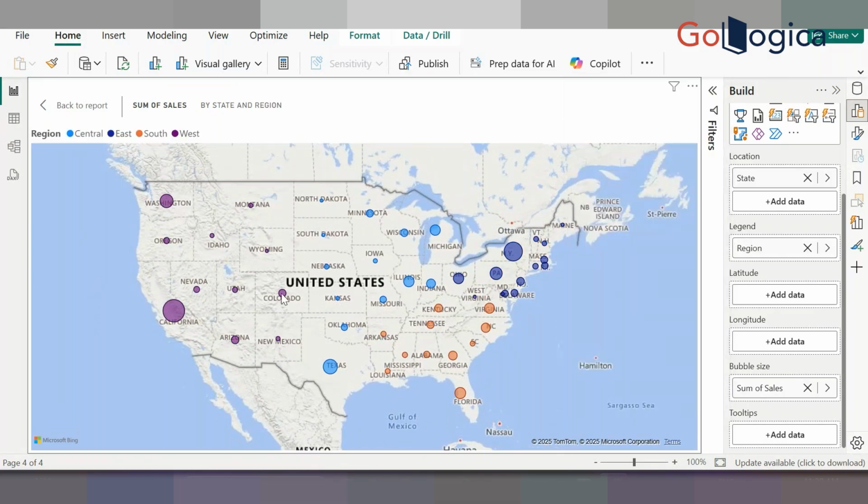This is your Western region, and this is your Central region. This is your South, and this is your East region. In the Western region, out of all these regions, we see just two big bubbles, California and Washington.